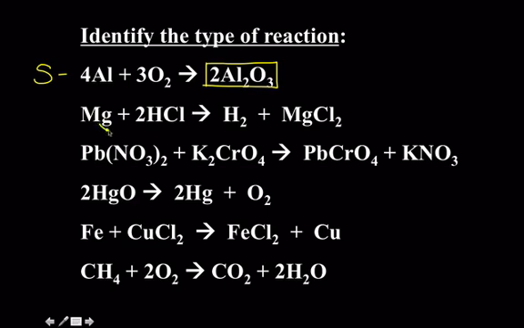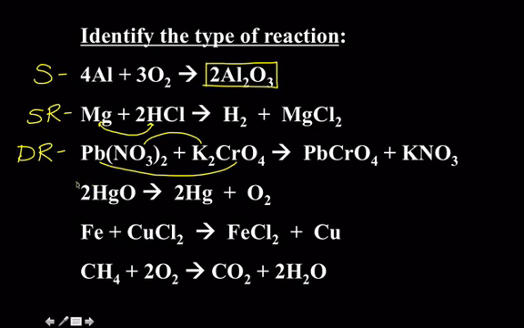If I look closely, I can see that the magnesium and the hydrogen are switching places. The magnesium's coming in, it's kicking the hydrogen out by itself. So this would be a single replacement reaction. Here I have two compounds, and these usually are the really long looking ones that tell you that it's a double replacement. It's a double replacement because the lead and the chromate are going together, and the potassium and the nitrate are going together. So you have two compounds reacting.